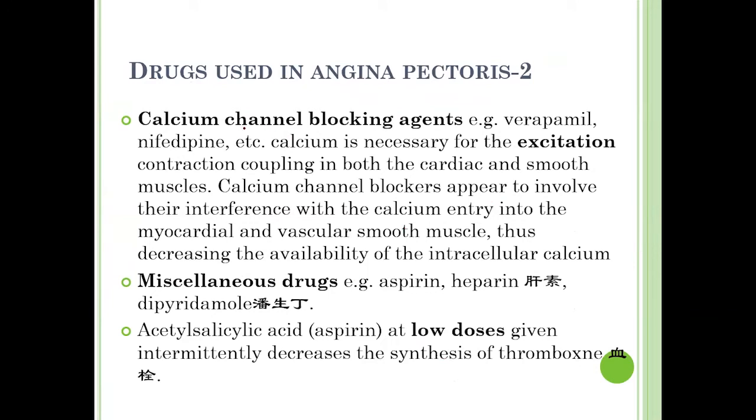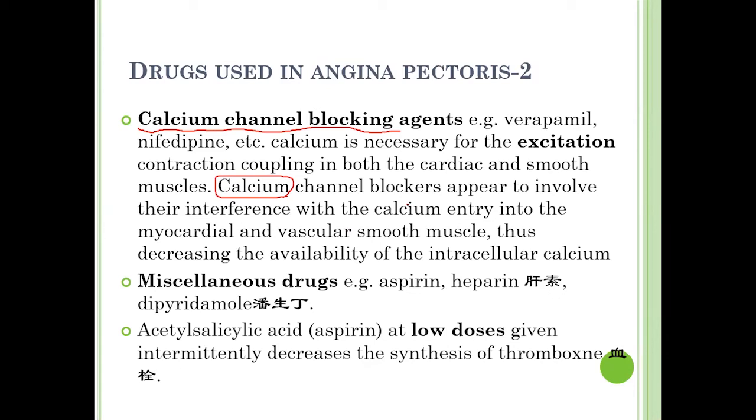And we also have some other medications that can work for this kind of condition: calcium channel blockers. Calcium helps muscle contractions, including smooth muscles and the muscles of the limbs.